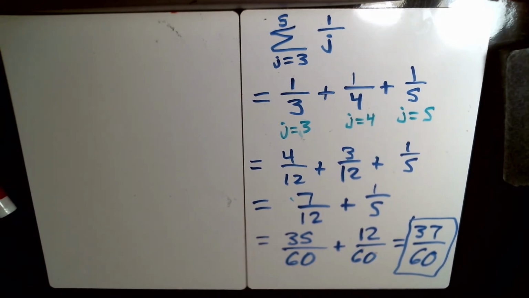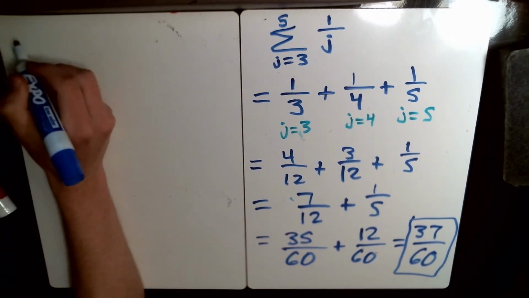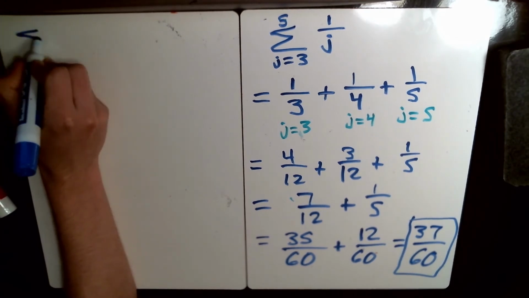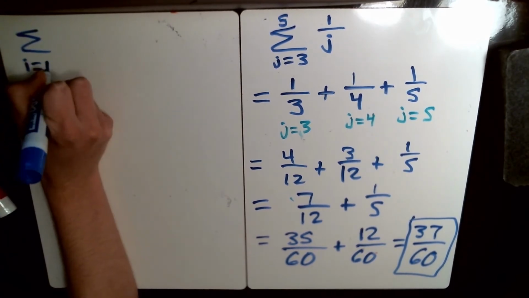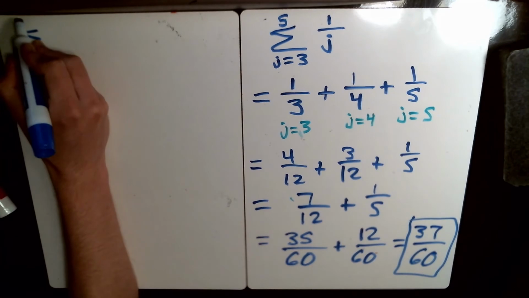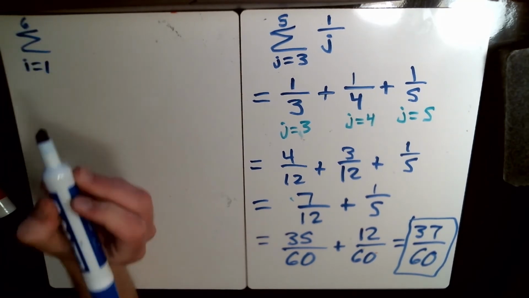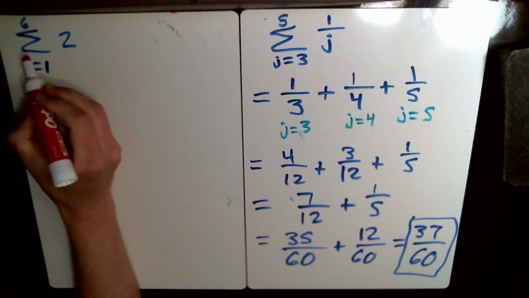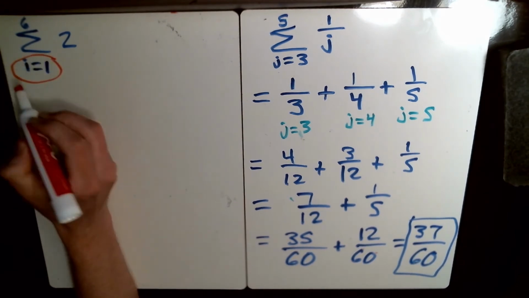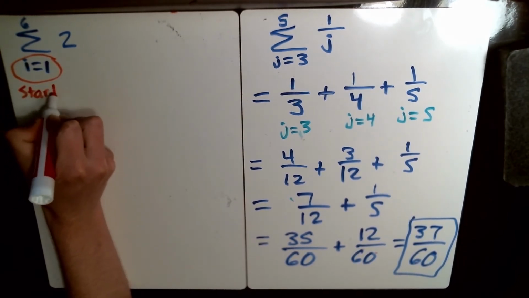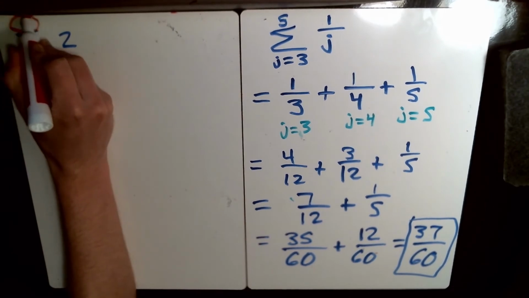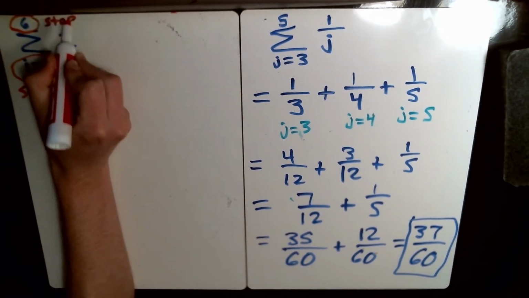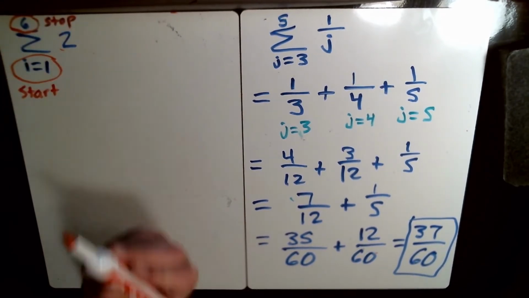Cool. So now let's look at an example like this. We have the sum from I equals 1 to 6. Okay. And let's just say I have a 2 right there. Okay. So again, what do these parts mean? This is the start. This is the stop, your last one, and then this is your sequence.